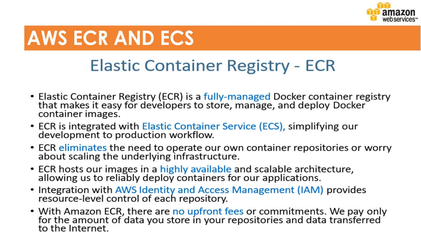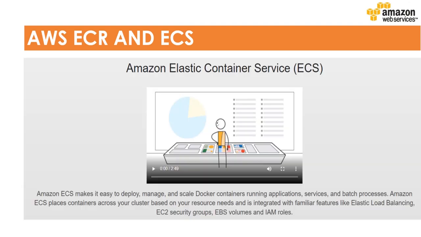ECR hosts our images in a highly available and scalable architecture, allowing us to reliably deploy containers for our applications. It has integration with AWS Identity and Access Management. With Amazon ECR, there are no upfront fees or commitments. We pay only for the amount of data we store, so the storage charge and data transfer charge will be applicable.